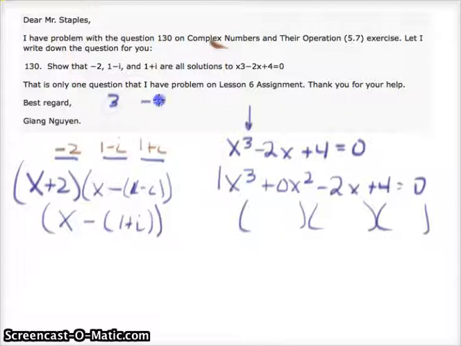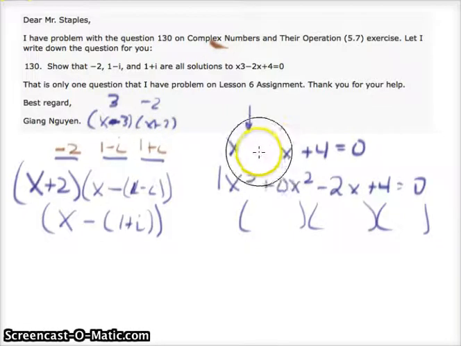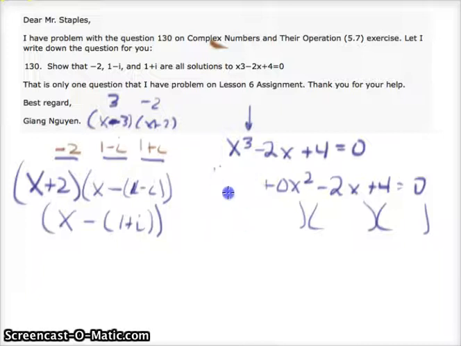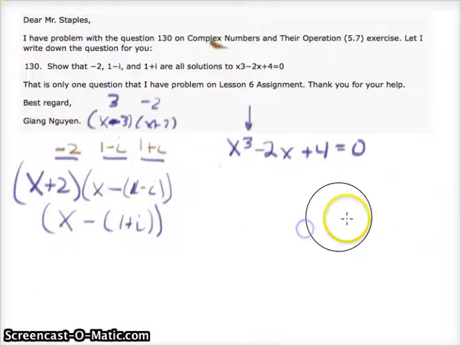If 3 was a solution and -2 is a solution, then x minus 3 would be a factor, and x plus 2 is a factor. I may have got a little ahead of myself, so let me just erase this here, okay? Now, what we're going to have to do is actually multiply all these factors out.